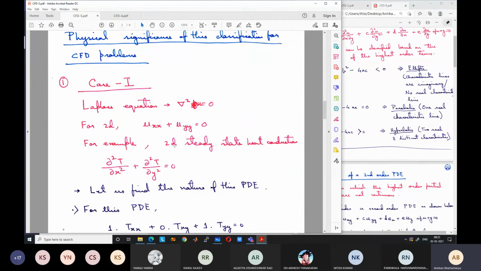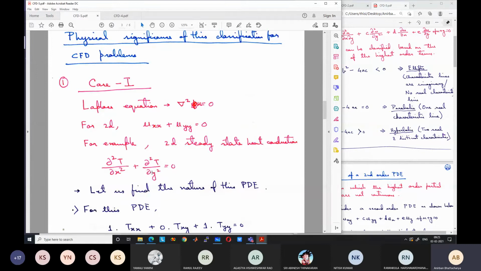One example of the Laplace equation we discussed yesterday is the 2D steady state heat conduction equation. For 2D steady state heat conduction, the equation looks like this: del square T del x square plus del square T del y square equal to 0. All the other terms are 0, so conductivity can also be removed, and you are left with two second order terms of temperature with respect to x and y.